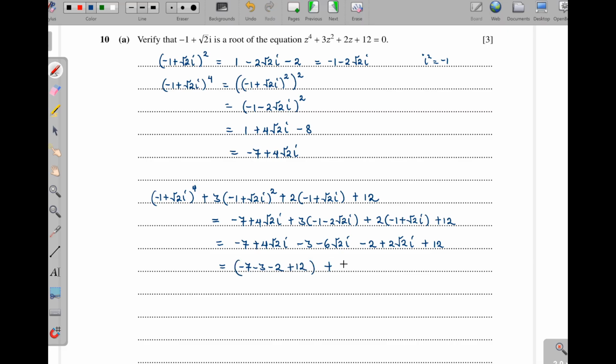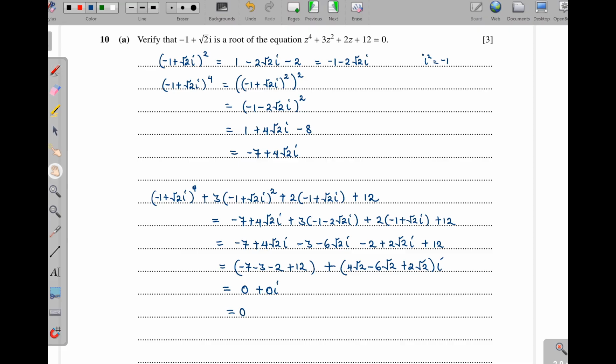Then the imaginary part, we are having 4 root 2, then there is minus 6 root 2, then there is plus 2 root 2, then i. You can see that this is negative 12, then plus 12, which will be 0. Then this is 4 plus 2, that will be 6, minus the 6, that will also be what? 0 i.